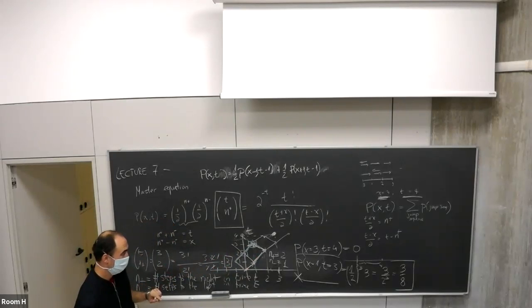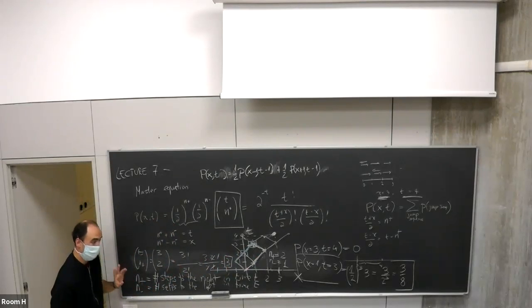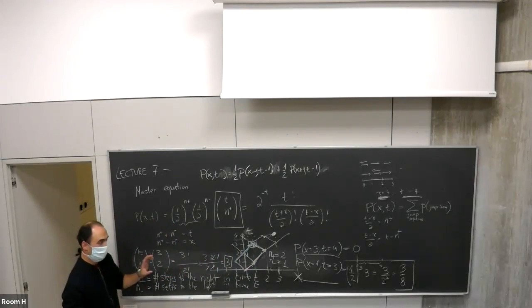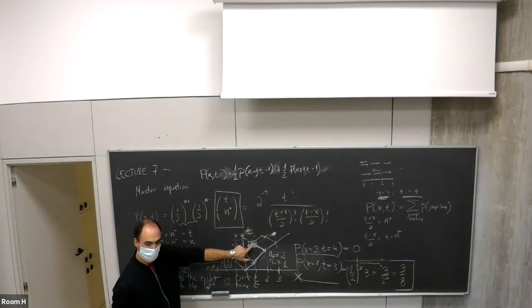And now if we calculate that with the blue path, the answer will be the same. Yes, but in order to know the probability to be here, you need to sum all the paths. There are many paths that arrive here. That's the number 3.